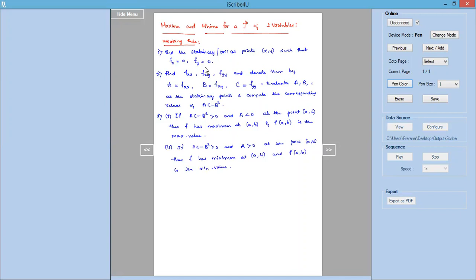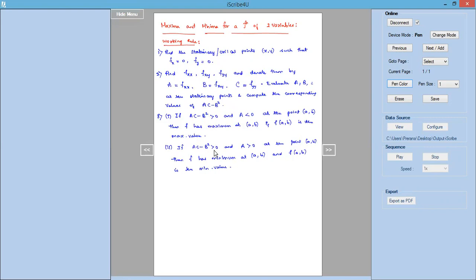Let me explain these two points once again. We take the product A into C minus B square, that is fxx into fyy minus fxy the whole square, and evaluate it at each of the stationary points. If AC minus B square is greater than 0 and A is less than 0 at the point (a, b), then f has a maximum at (a, b) and f of (a, b) is the maximum value.